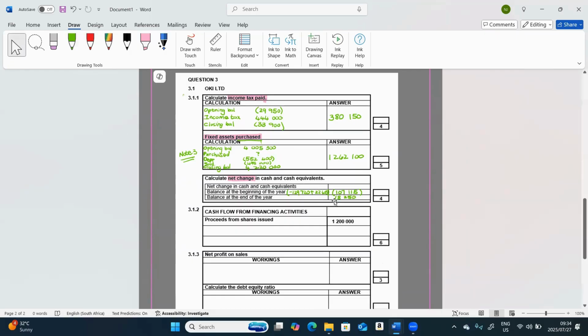Now, I've seen learners make this mistake many times. Guys, this is a negative amount and this is a positive amount. Let's quickly just focus for a moment here. You always have to think about what happened to my cash if I went from a negative balance to a positive balance, right?